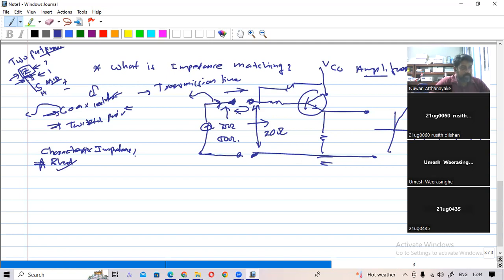Normally, if it is a low frequency, this effect is not there. For high frequency, that means the current or voltage changes very speedily, maybe higher than 50 megahertz or something, this will happen.